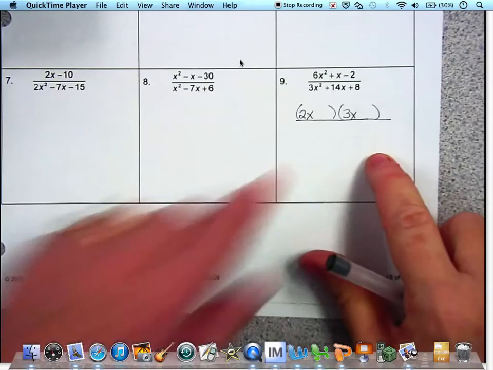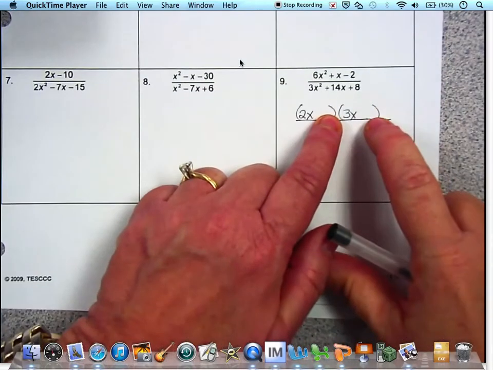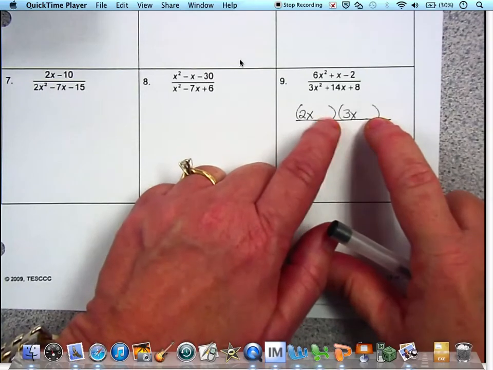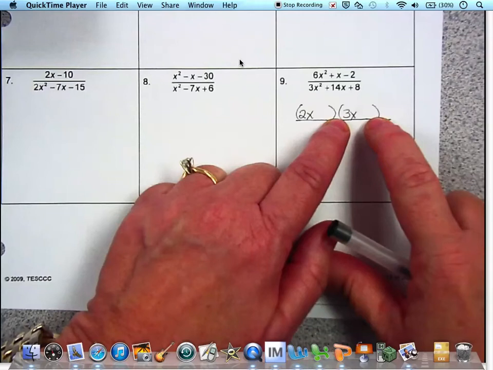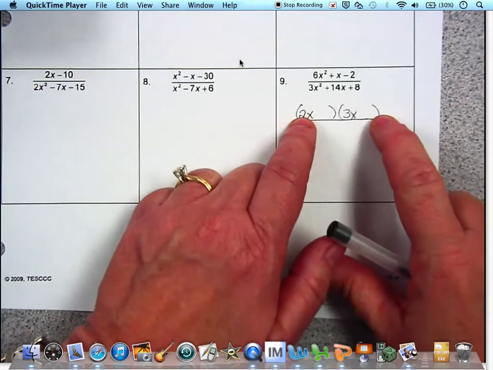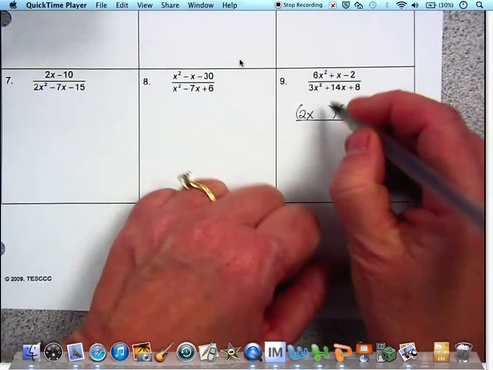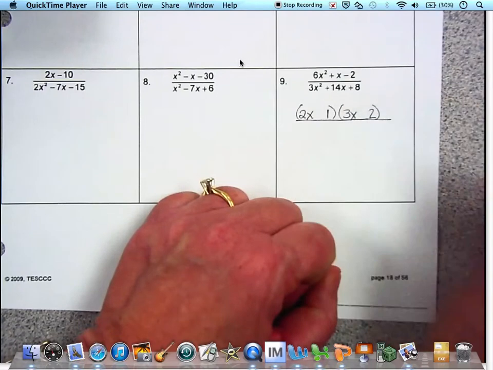If we put 2 and 1 here, you'd have 2 times 3 is 6x, and 1 times 2x is 2x, that won't work. That's going to give you 10x. So let's try 1 and 2.